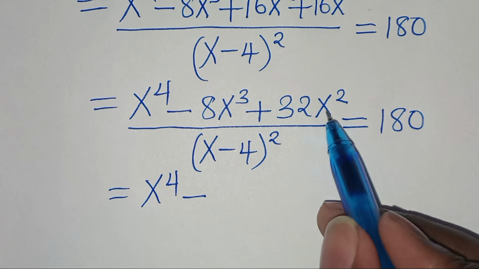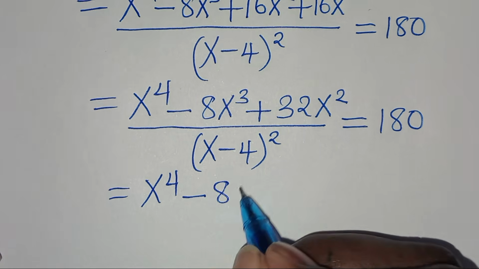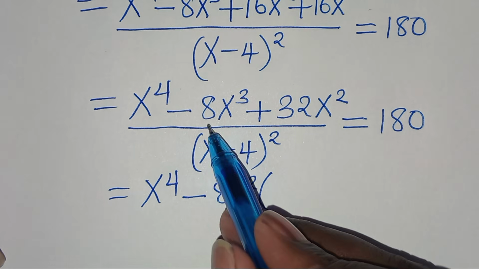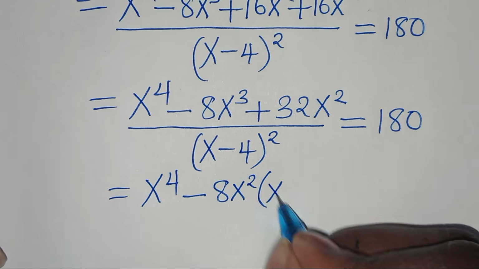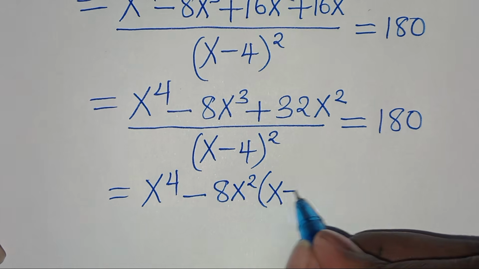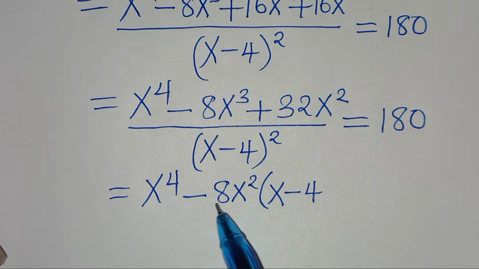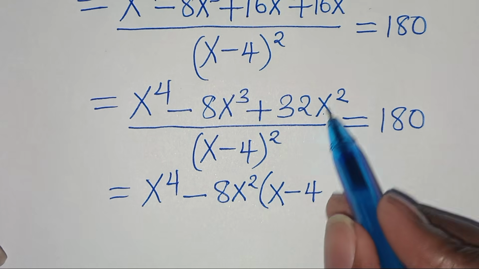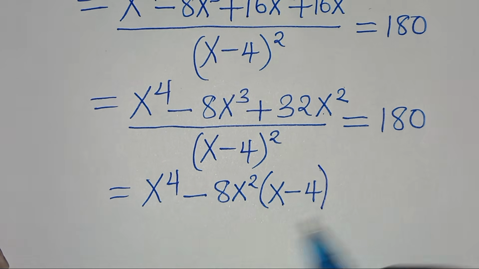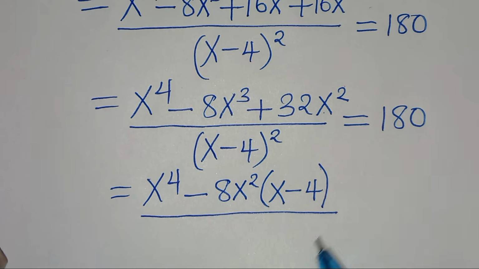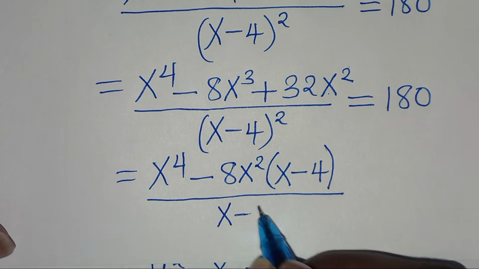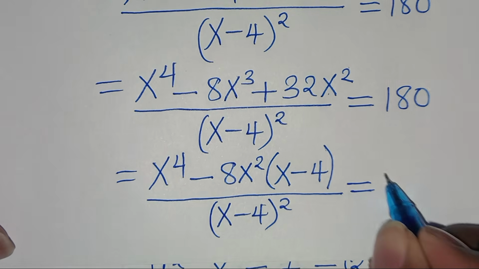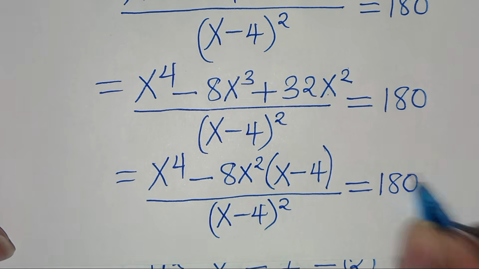Now, we can factor out 8x squared in the parentheses. Here we remain with x. Then now, we subtract 4 because minus 8x squared times minus 4 is plus 32x to the power of 2. Close the parentheses. Everything here divided by (x minus 4) raised to the power of 2. This is equal to 180.